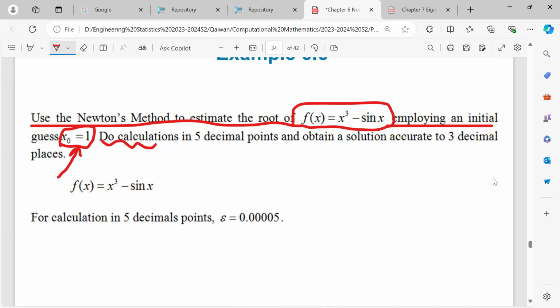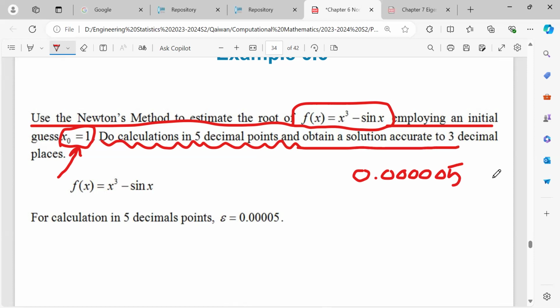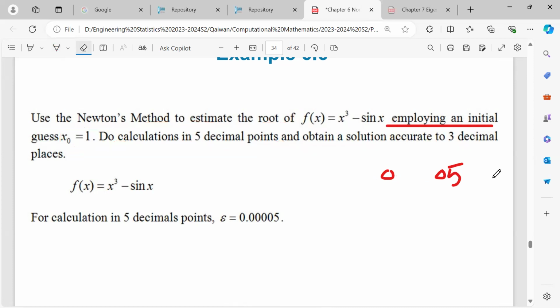It says do the calculation in 5 decimal points. Sorry, it says do the calculation for 5 decimal points. It means take 5 decimal points in your calculations.